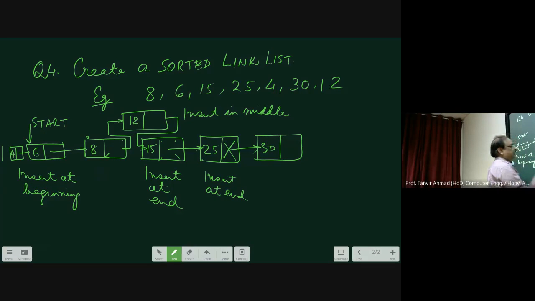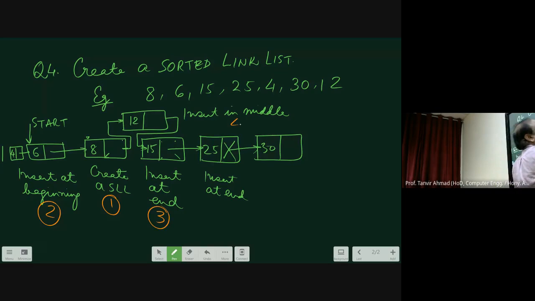This is create node. Now you see how many types of algorithm you got. You got one, this type of algorithm, insert at beginning; second type, insert at end; third type, insert in middle; and you got all the 4 types of algorithms.